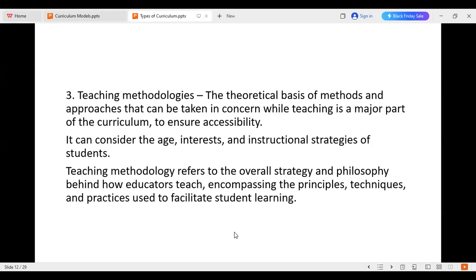Generally we can say student centered and teacher centered. Most traditional teaching methods are teacher centered, but modern teaching methodologies are learner centered, student centered.